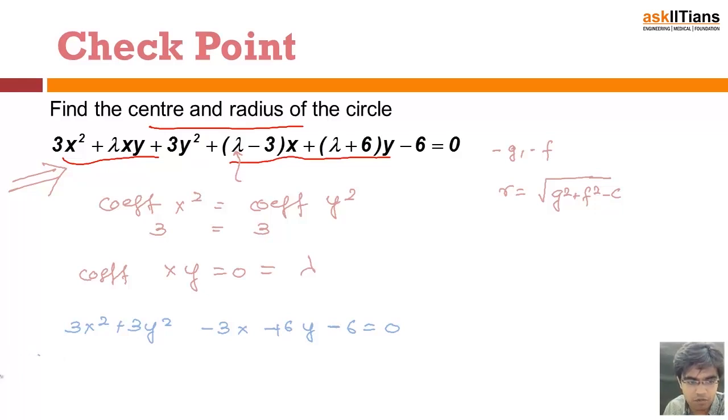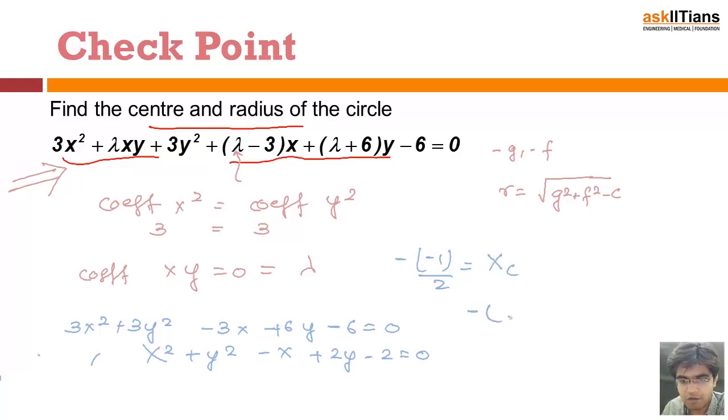Let's bring it to the standard form. That means x square plus y square minus x plus 2y minus 2 is equal to 0. I have done nothing. I have just divided the equation by 3. Now if I compare it with my standard equation, then negative half of coefficient of x, that means minus of minus 1 by 2, is my x coordinate of center, and negative half of coefficient of y is my y coordinate of center.